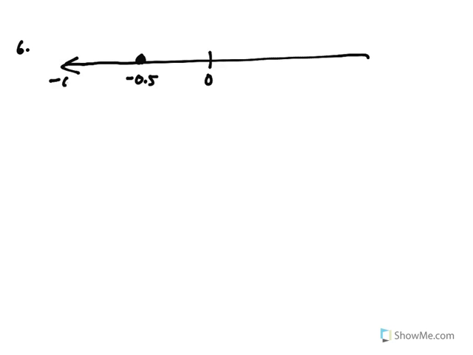Okay, what if you're given this? Let's say you're given a graph, and we have -0.05, and then here we have 1, that's an open circle.